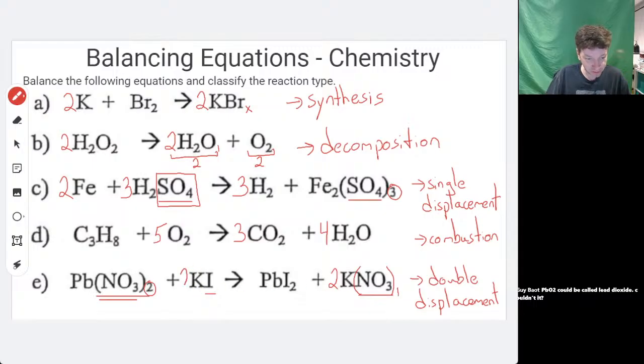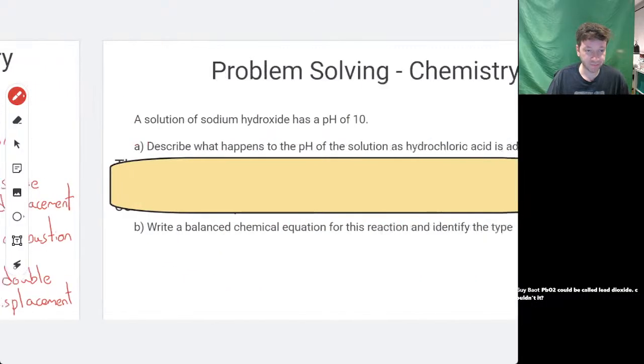So I'm going to put a 2 here. But that works out for iodine, because now I have 2 iodine and 2 iodine. Looks good. Anyone have any questions? No? Okay.